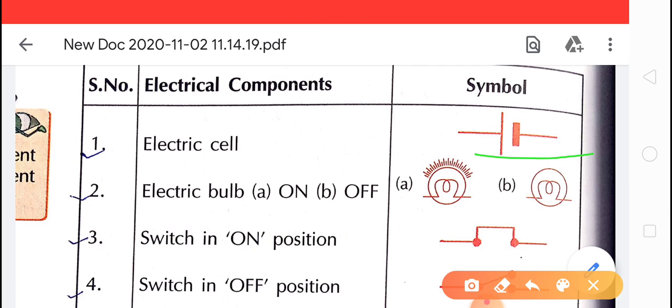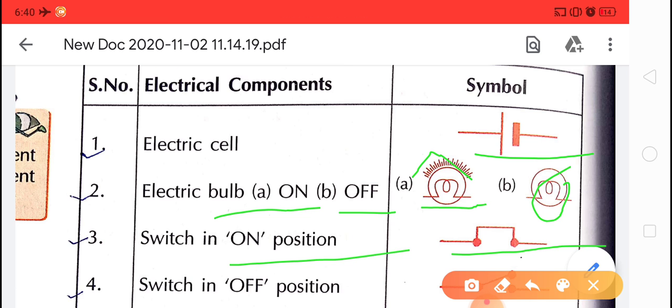Next, switch on. Two symbols are there. When the switch is on, the bulb will glow. When the switch is off, the bulb will not glow. Third, switch in the on position.